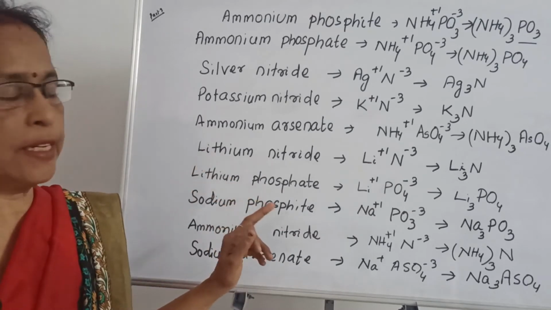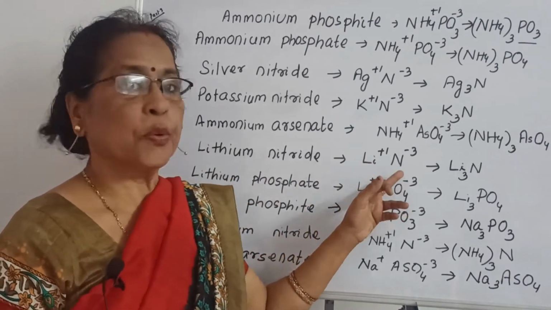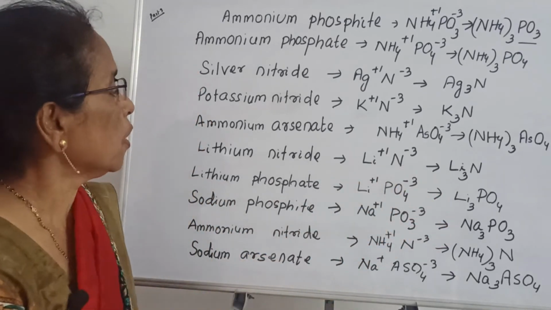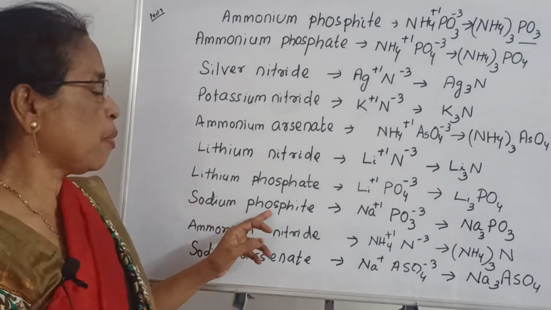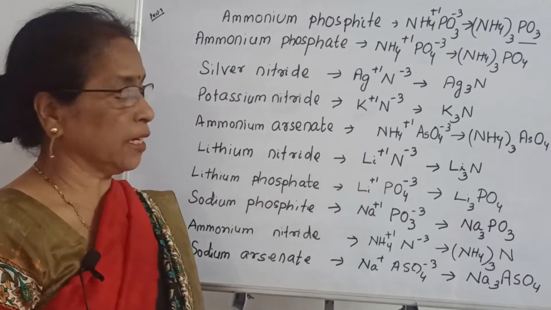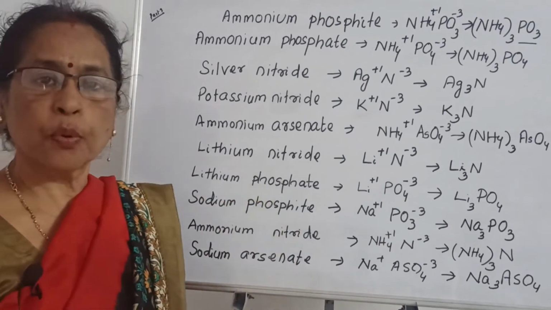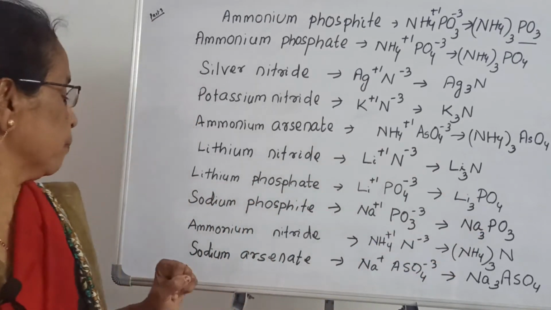Lithium phosphate, lithium Li plus 1, phosphate means PO4 minus 3, so it should be Li3PO4 because the 3 comes here. Sodium phosphite, sodium Na plus 1, phosphite PO3 minus 3, so it is Na3PO3.